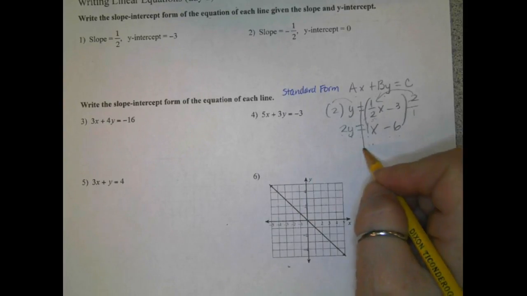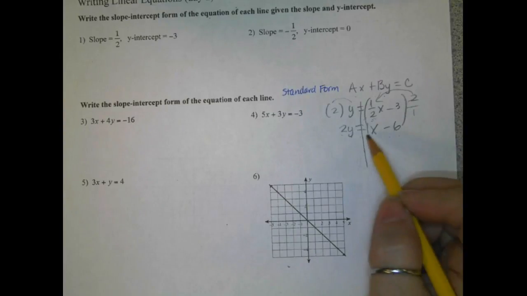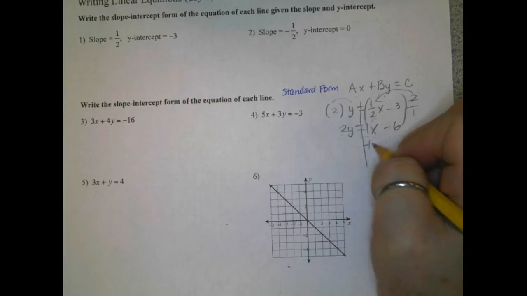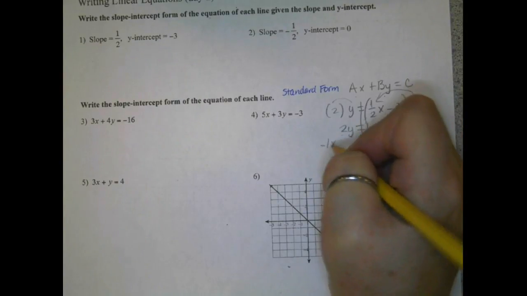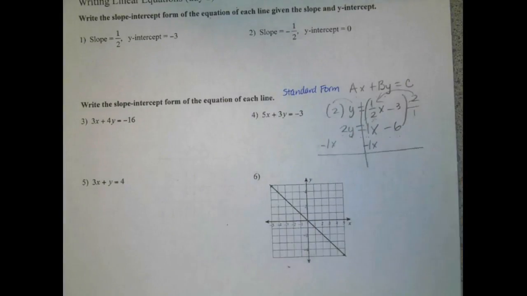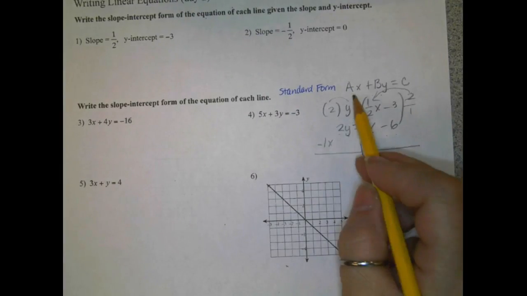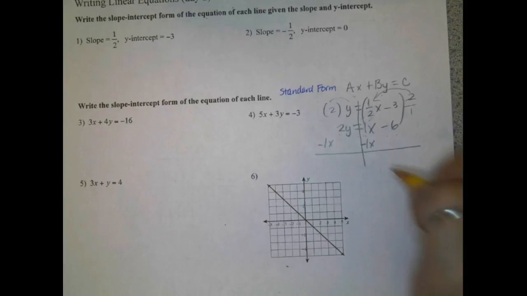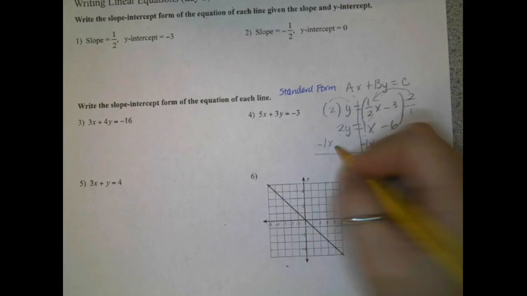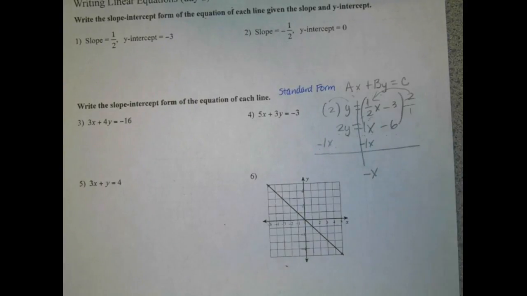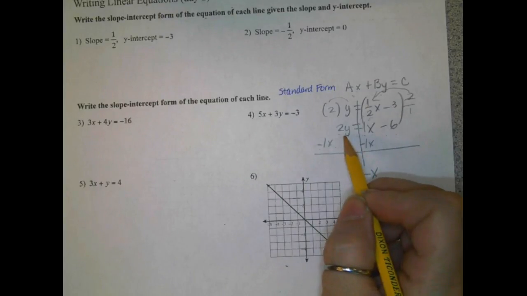So that's when we look at our inverse operation. What is the inverse of 1x? Negative 1x. So I'm going to go ahead and subtract 1x from both sides. Okay. Now I'm going to end up with this equation. If I want Ax first, what do I write first? Negative x, right? I could put the 1, but I don't have to. He's shy. Let's let him hide. Is this a positive or negative 2y?